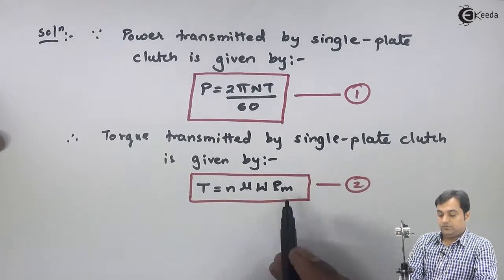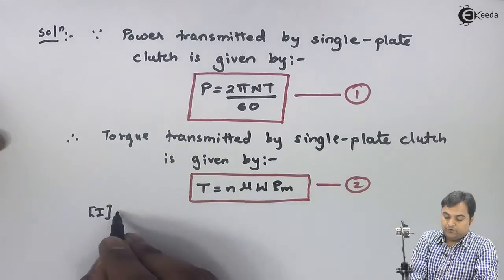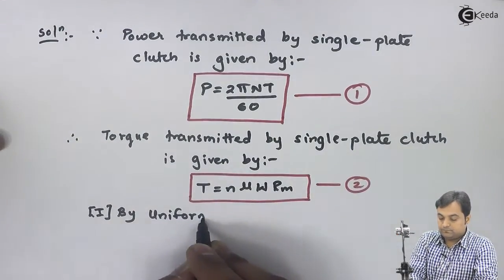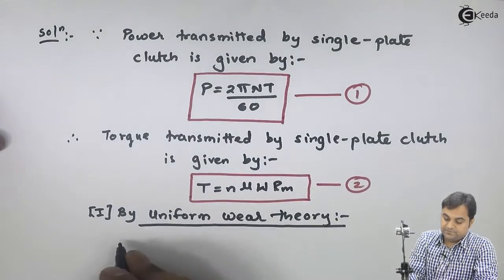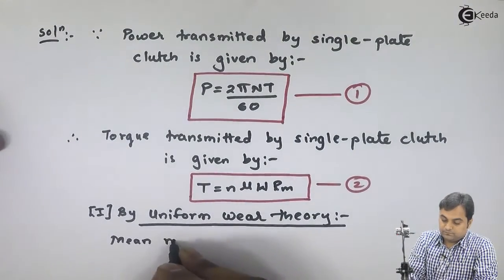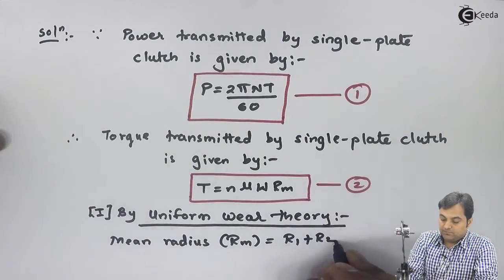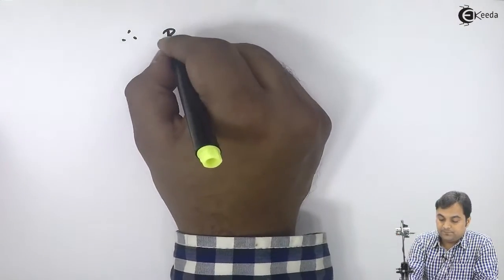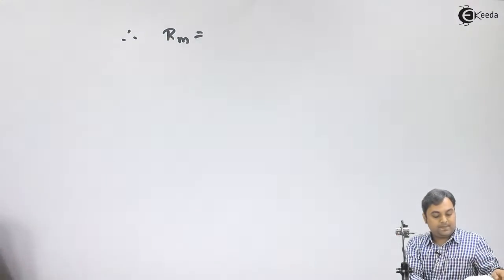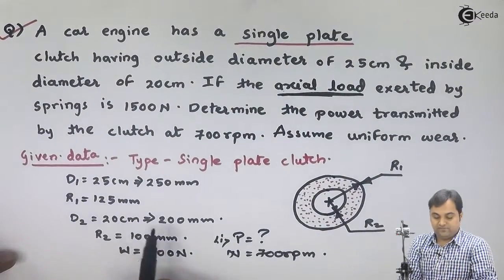Now I'll go for the calculation of Rm. I'll say that by uniform wear theory, Rm, that is mean radius, is equal to R1 plus R2 divided by 2. So therefore Rm is equal to, R1 is 125, R2 is 100.